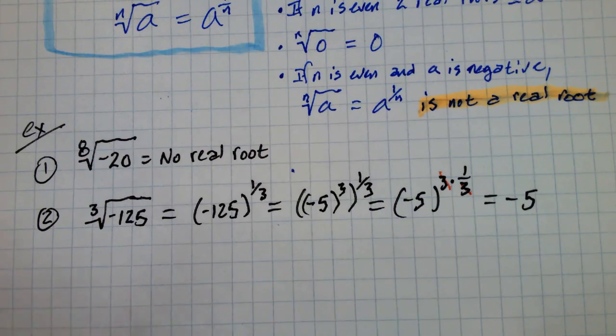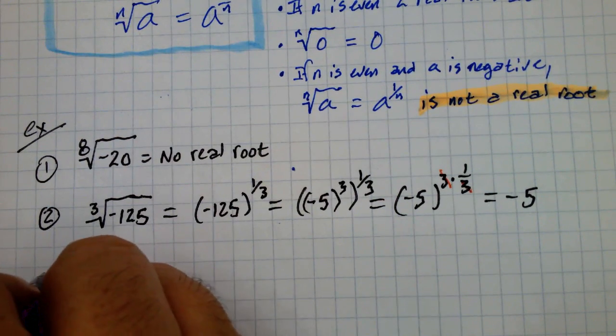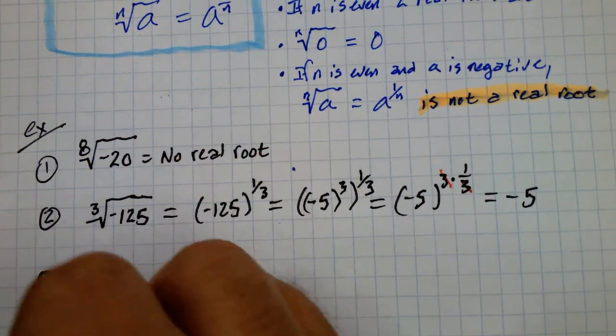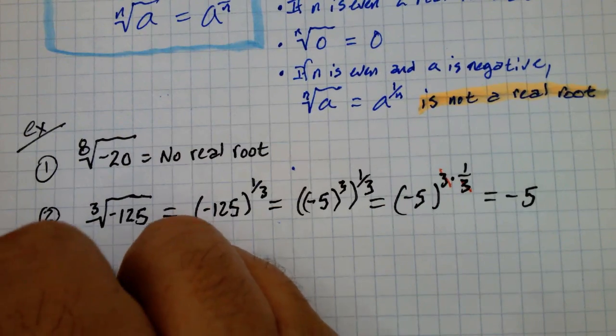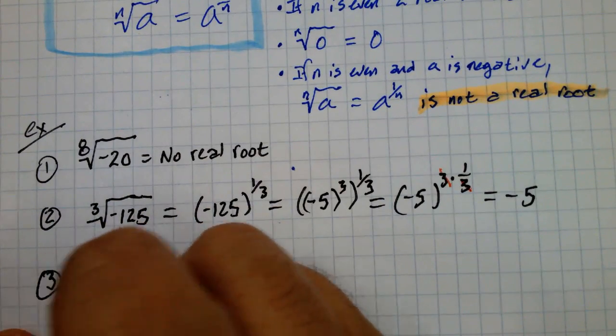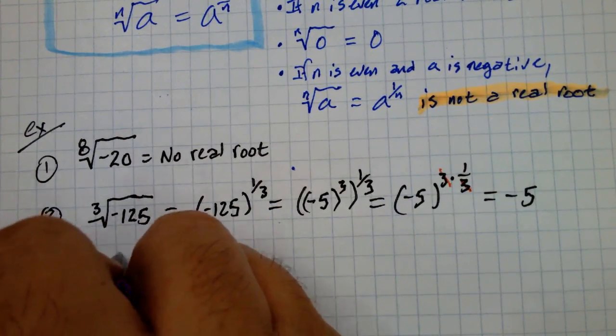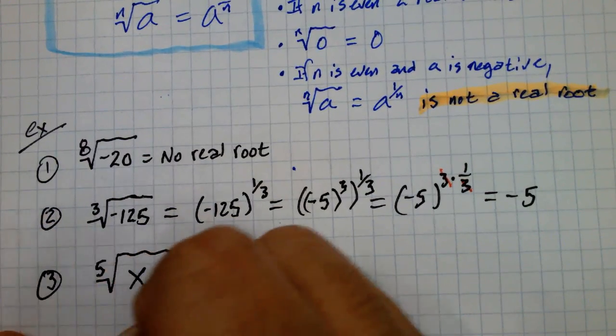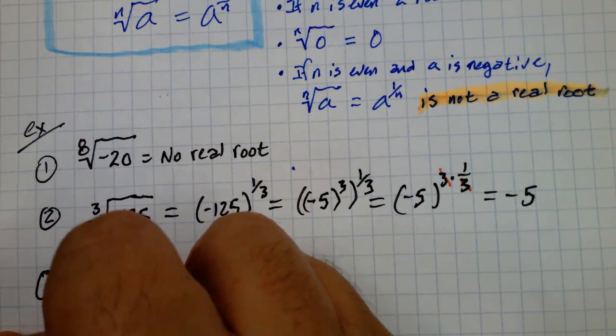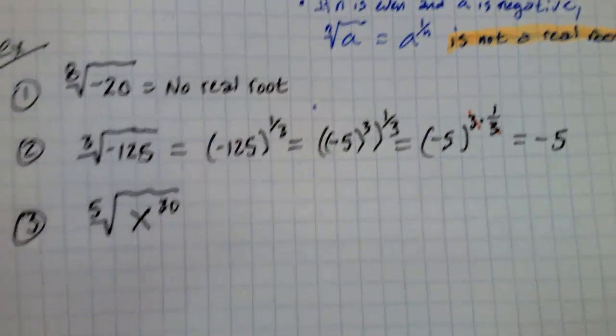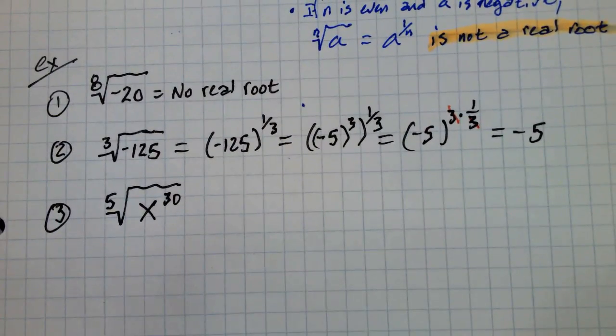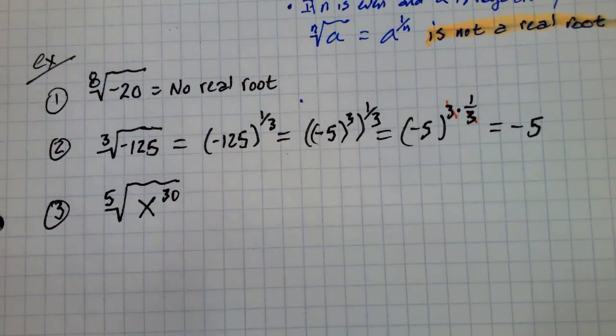All right. Now, let me throw a variable at you. Let's say I have the 5th root of x to the 30th. Whoa. Go ahead and write that down.